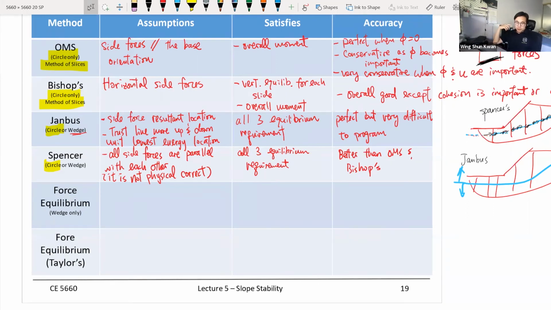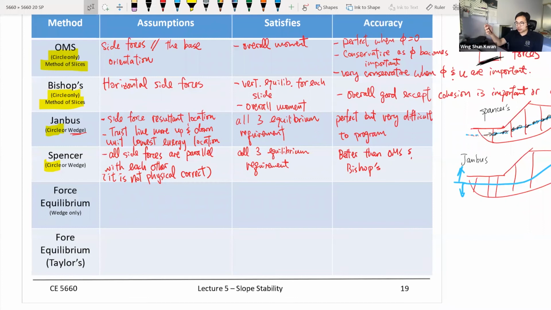Those methods are for circular slip surfaces, the Janbu and also the Spencer method. You can move on to the case where you don't have a circular slip surface.